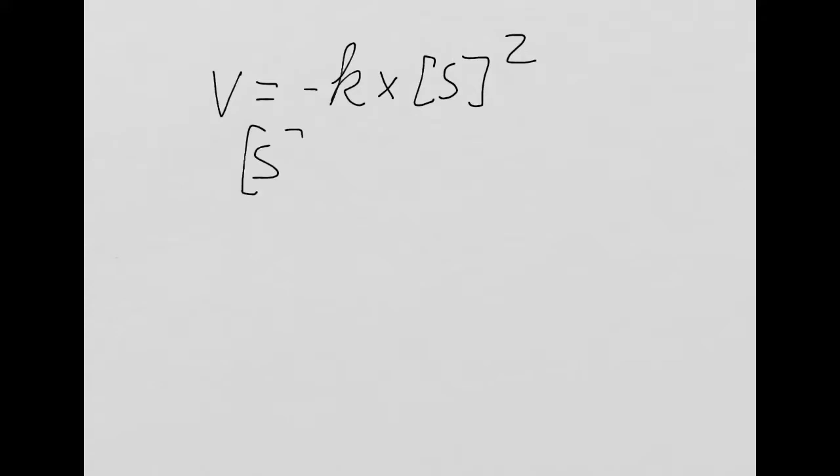Here's another one. V equals minus K times S squared. How would this graph look like? And what would happen if I go from S to 2S? How would V change in this case?